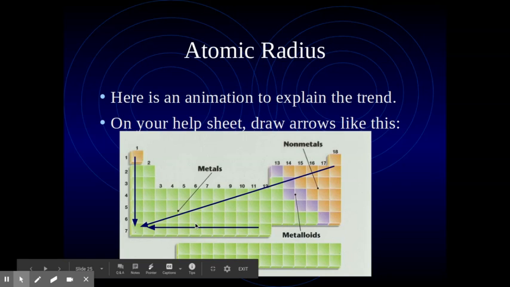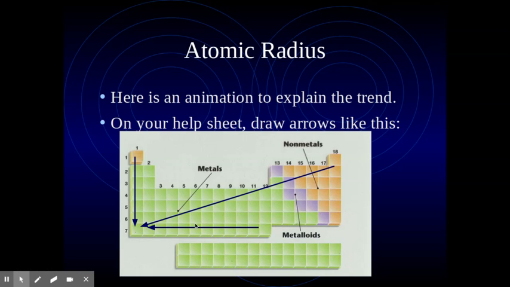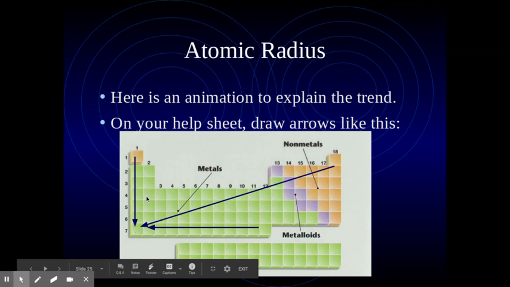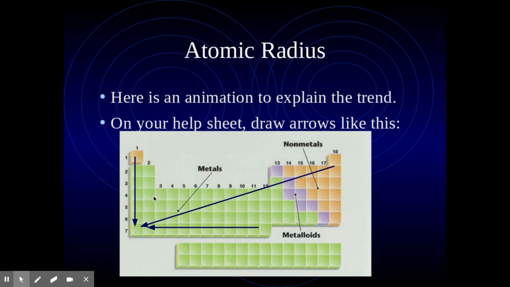So if I were to give you two things and ask you to tell me which was larger, I might say, okay, which is bigger, potassium or calcium? And you would say, okay, they get smaller as you go this way, so potassium would be bigger, right?